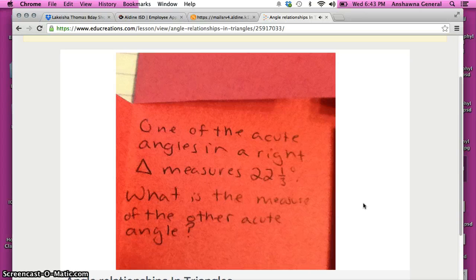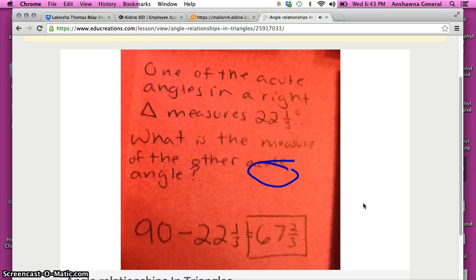They told you it was a right triangle. They told you that one of them was 22 and 1/3. So you're supposed to know that they are complementary. So you would do 90 minus 22 and 1/3 to get 67 and 2/3.